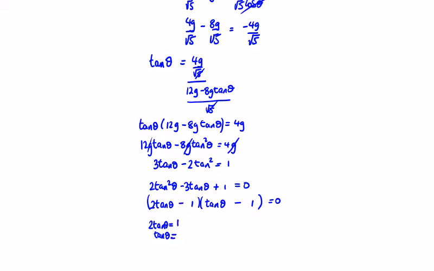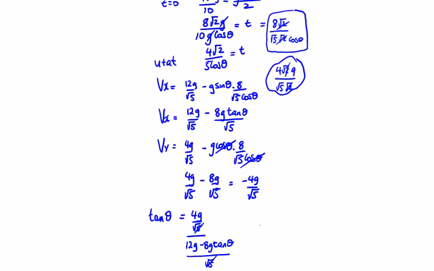Tan theta is equal to 1 over 2, or tan theta is equal to 1. So that would be theta being 45 degrees. And if the tan of theta is 1 over 2, the inverse tan of 1 over 2, theta is equal to 26.56 degrees. Those are my two angles.